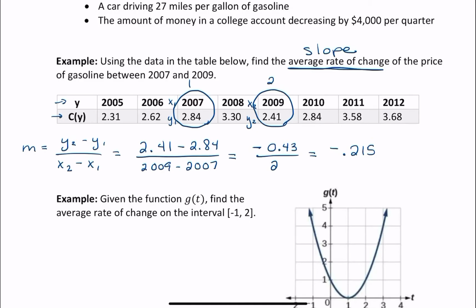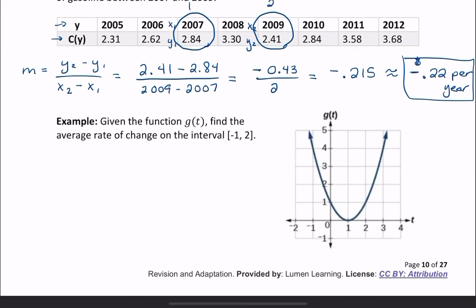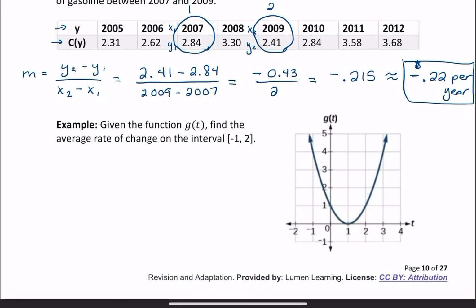Since we are talking about money here, we're going to round to the nearest cent, so that's approximately negative 0.22 dollars per year. So same thing, it might look a little scarier, the notation might be different, but it's asking you to find slope.